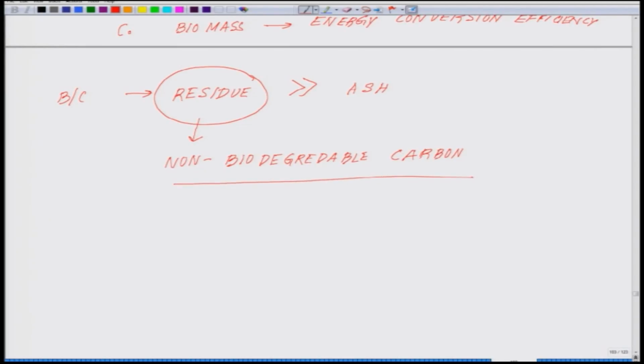Okay. This residue will be greater than the ash content, because what it is essentially representing is the recalcitrant carbon, which cannot be degraded further biologically, but could be burned during thermochemical conversion. So, whatever you are getting as the residue is basically called recalcitrant carbon, and this material could be further processed thermochemically.